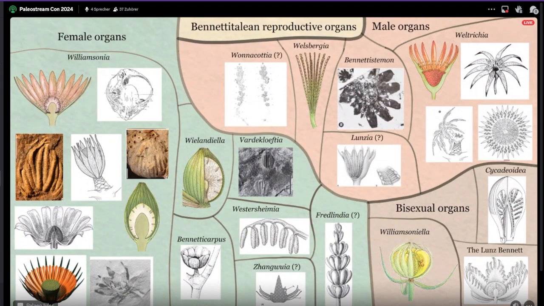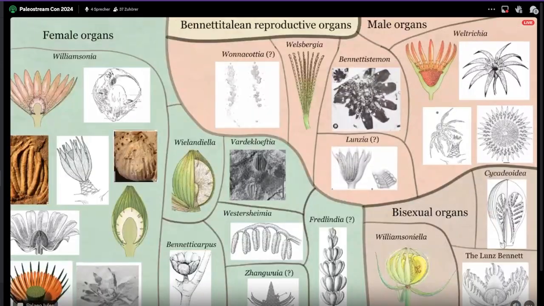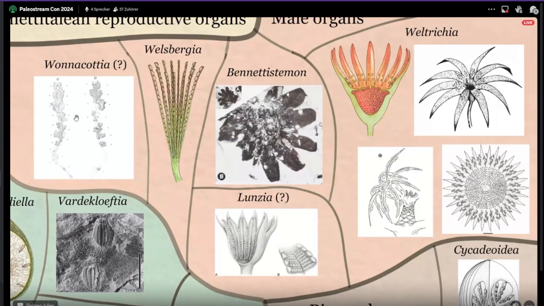And there are some of the genera. The most important ones probably are Williamsonia, of which there are tens of species. I do not know how many, but there are an awful lot of species. And they are mostly associated with organs called Weltrichia, which are again very flower-like.